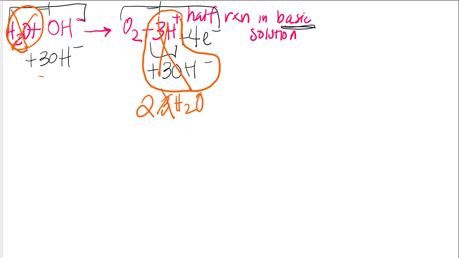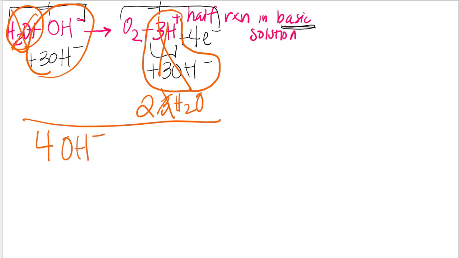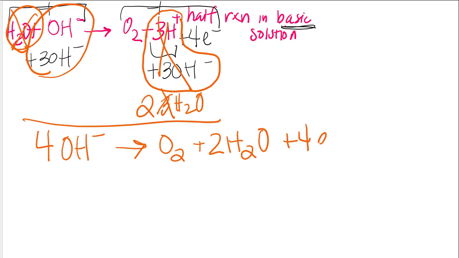I can also simplify, and if I have 3 OHs plus 1 OH, that gives me 4 OHs on the left, 1 molecular oxygen, 2 waters, and 4 electrons. Now let's check and make sure that everything is balanced by atoms and by charge.